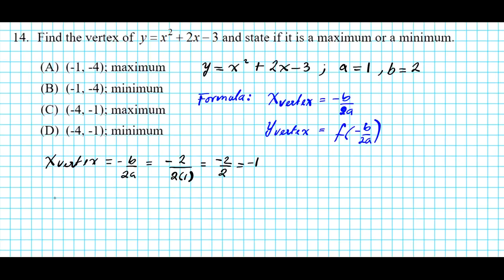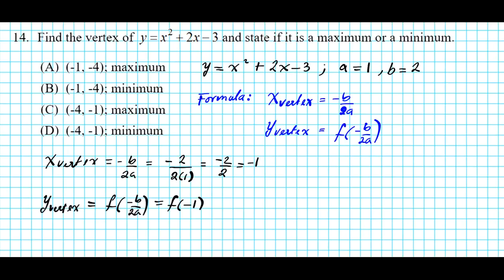Now with the x coordinate of the vertex, we can find the y coordinate of the vertex, right? Because the y coordinate of the vertex is a function evaluated at the x coordinate of the vertex. So we are evaluating f of negative 1. What does this mean?